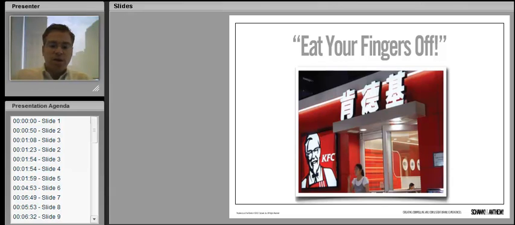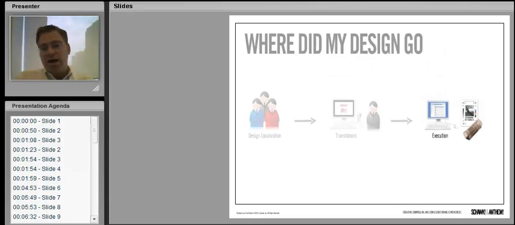It's just not easy. So a few years ago, they decided that they wanted to translate finger licking good. The decision was made to translate it pretty literally. And when reading it in the local language in Mandarin, it roughly translates more into eat your fingers off than finger licking good. So clearly a problem. And obviously they fixed this.